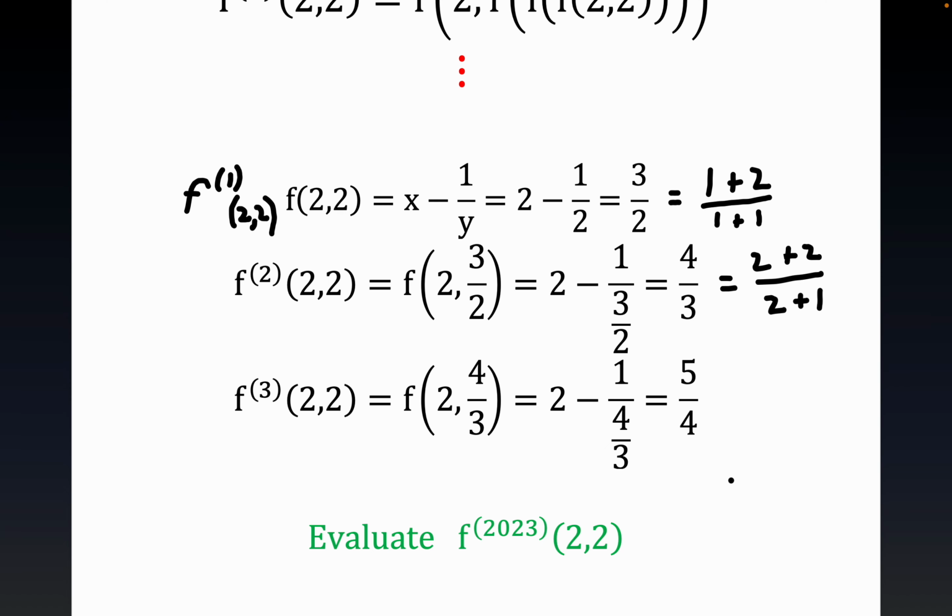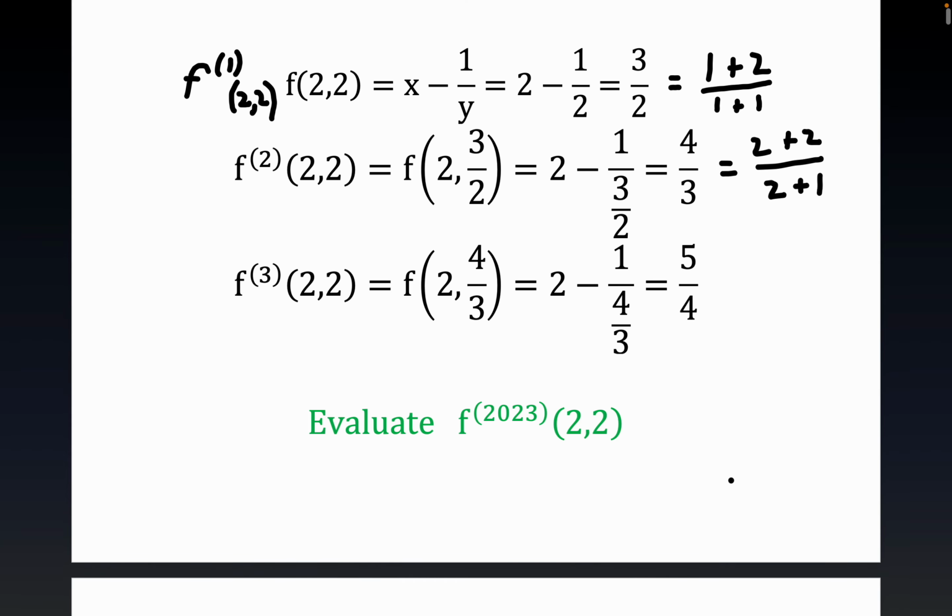But notice what we get here in general, and I'll write this in sort of shorthand: f at n of 2 comma 2 is always going to equal (n plus 2) over (n plus 1). Right, so you see all the work we're saving here? Again, the nice pattern worked out very well.